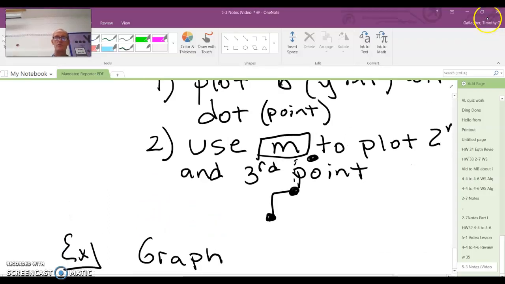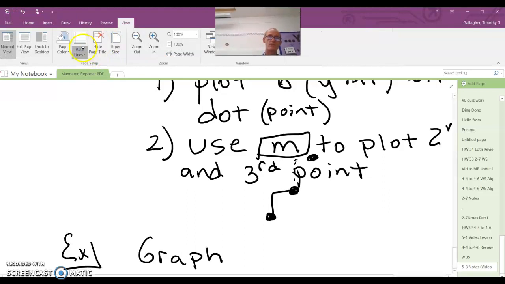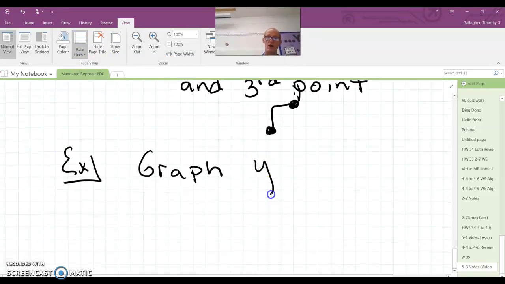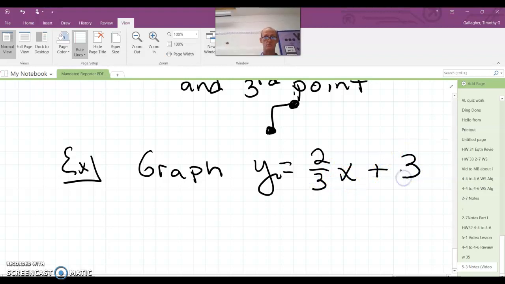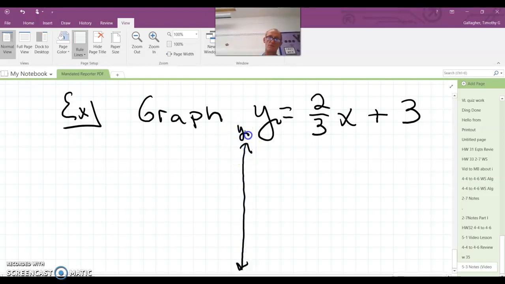So, for example, in a graph, and I think I'm going to get some graph paper here. y equals 2/3 x plus 3. This is the y-axis, and this is the x-axis.